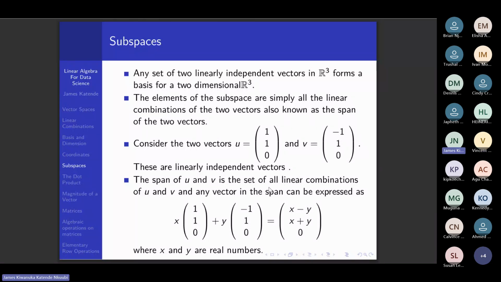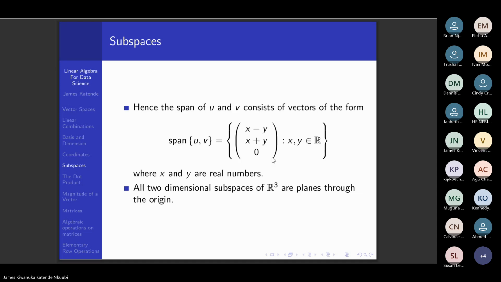So the aim for this was to illustrate that anytime you have a pair of vectors, it's always possible to construct a subspace of R3 in this case, simply by listing all the linear combinations of the two vectors. So this gives us the form of any linear combination of these two vectors U and V. This is just stating the same.